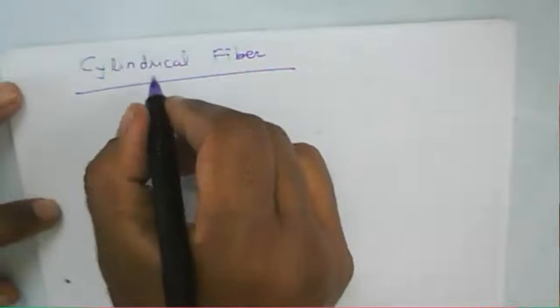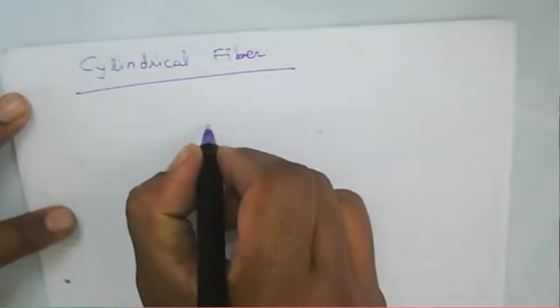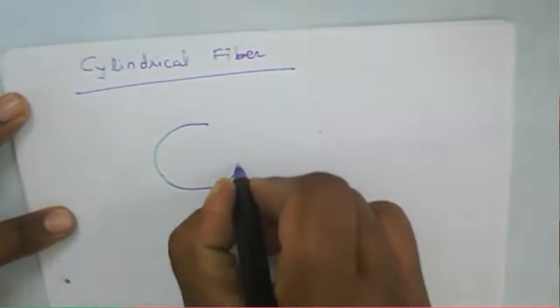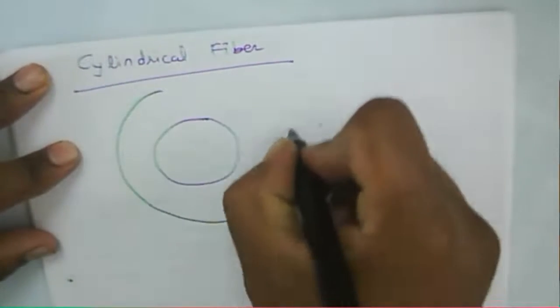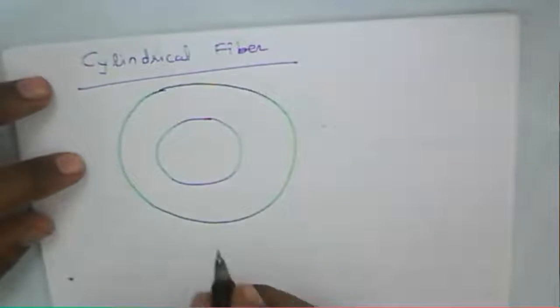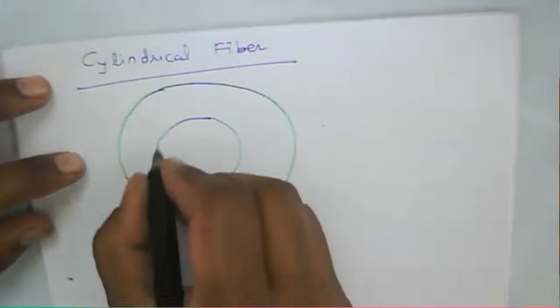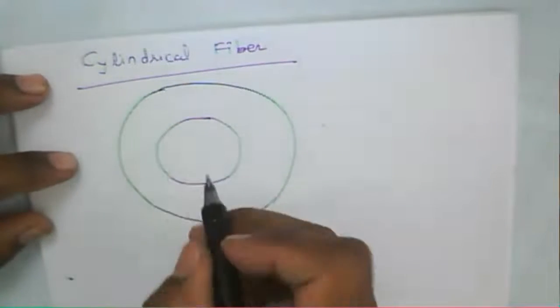To understand the cylindrical fiber, we should know the nature of the core. This is the core of a fiber, and this is the cladding of the fiber, and it is cylindrical in nature.